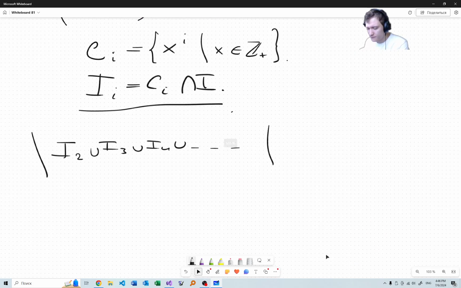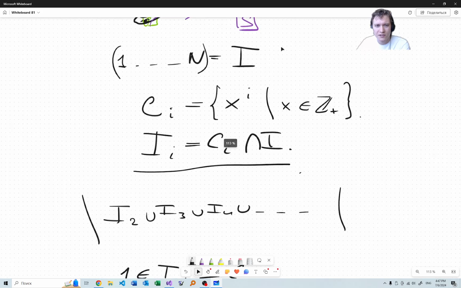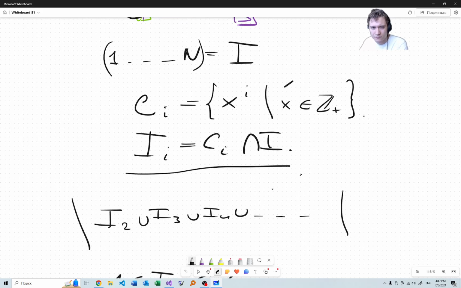First of all, notice that 1 is included in all Ii's and in all Ci's. Therefore, let's ignore that there is 1 here. So let's say that x should be at least 2, and instead, in the end, we add 1 to the answer.